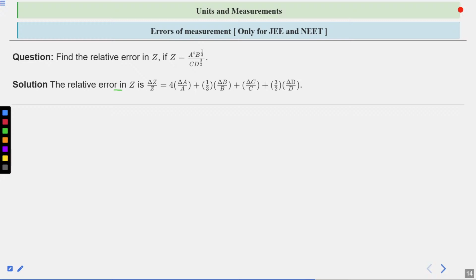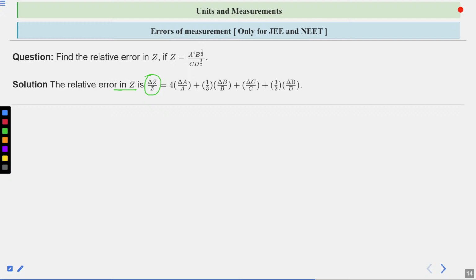The relative error in z is delta z by z. So here the power is 4. So the power comes with multiplication with the relative error of a. So it will be 4 into delta a divided by a, plus the next term is b. The power is 1 by 3, so 1 by 3 into delta b divided by b, plus c.